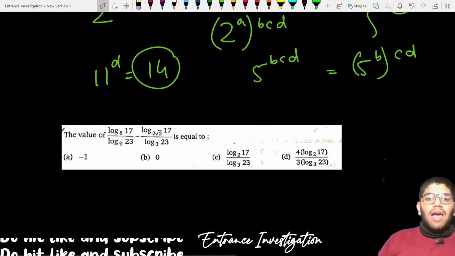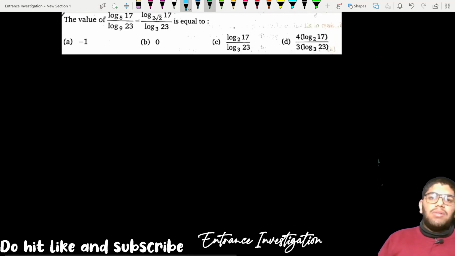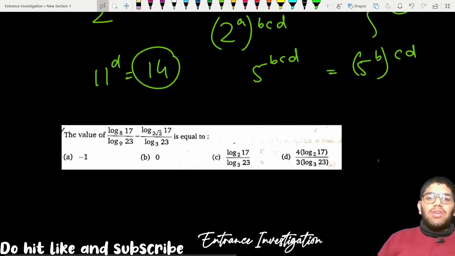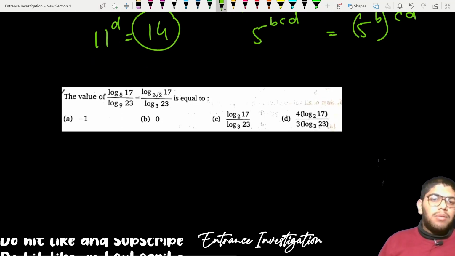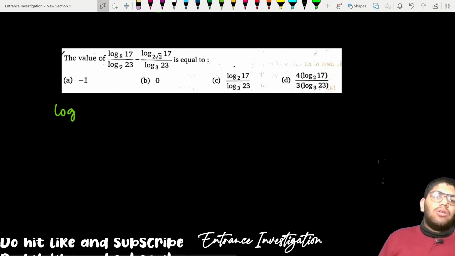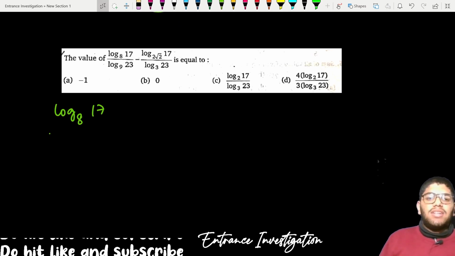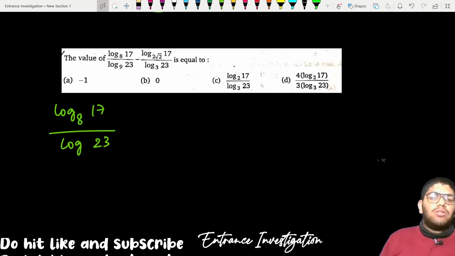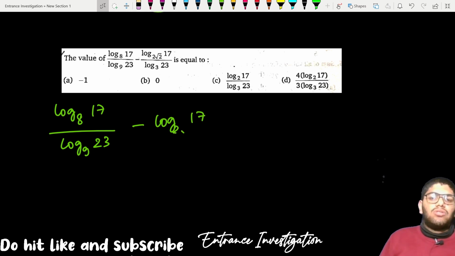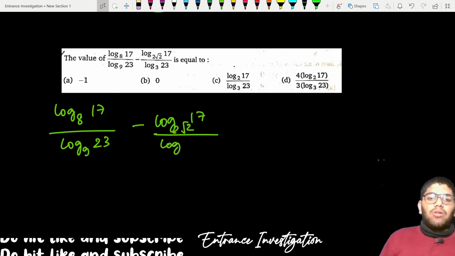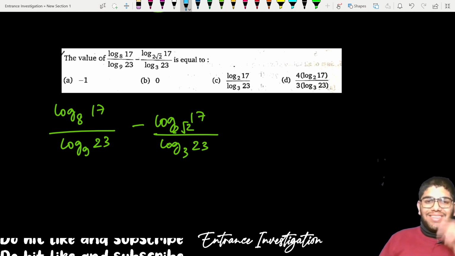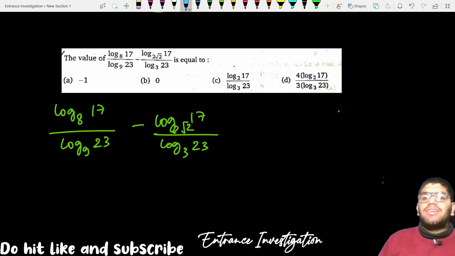Okay, so we have this problem, possibly the second last or last problem. We'll check. This problem is again a very easy problem. So log of 17 to the base 8 over log of 23 to the base 9 minus log of 17 to the base 2 root 2 over log of... again, the thing is, can you apply it?